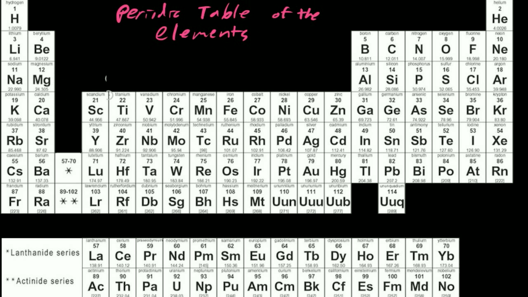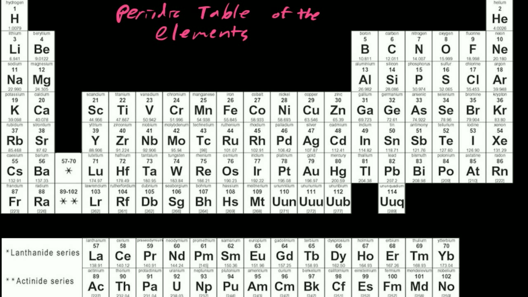I'm getting the spinning wheel again. Hopefully you could still hear me. The way that they're arranged on the periodic table has to do a lot with the different properties that all of these different elements have.